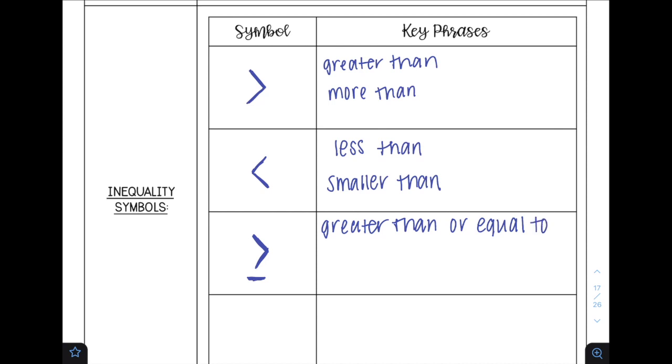Key words for greater than or equal to would be at least, or at minimum, the minimum value. It has to be that value or higher, or no fewer than. Whatever that value is and higher or larger.